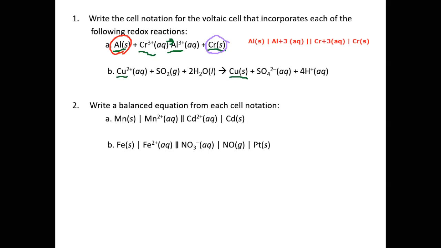And then we have SO2, where sulfur here is a plus 4, and in sulfate it's a plus 6. So SO2 is oxidized. So the anode is SO2, the cathode is copper.